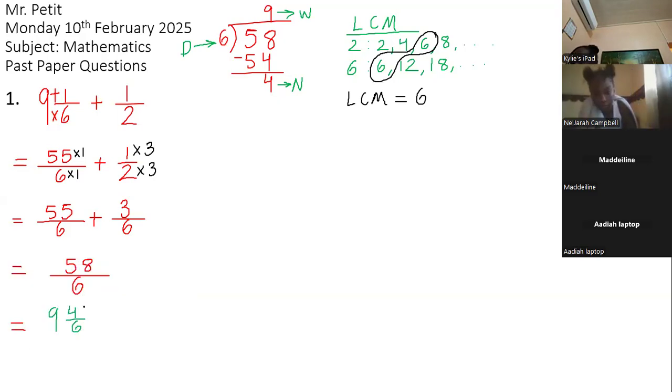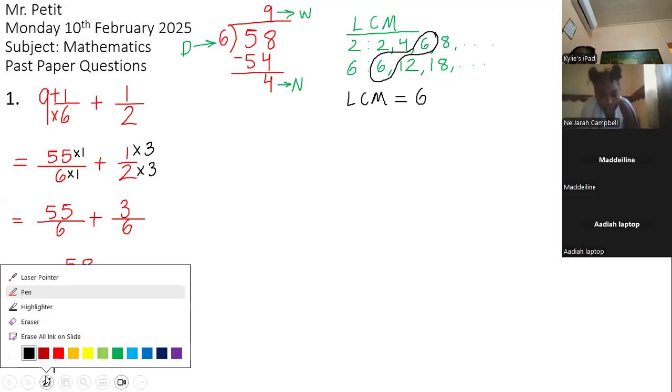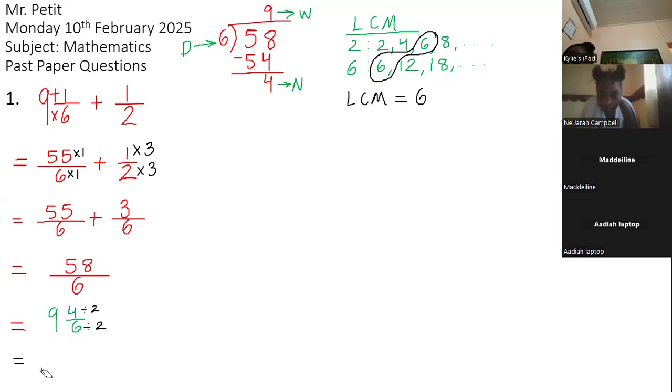We have to divide top and bottom by what? 2. It's going to be equal to 9 and what? 2 over 3. 9 and 2 over 3.